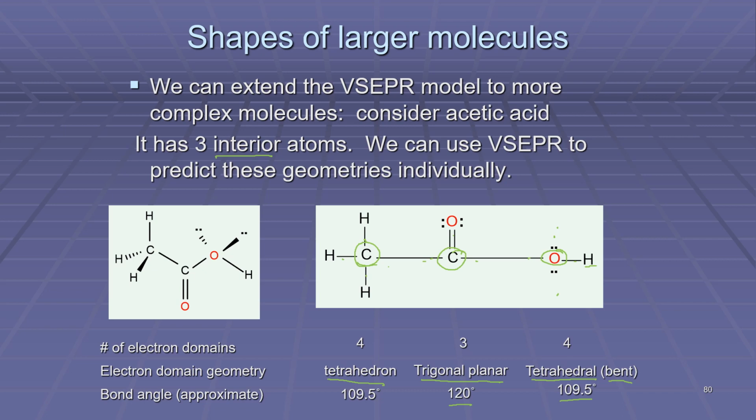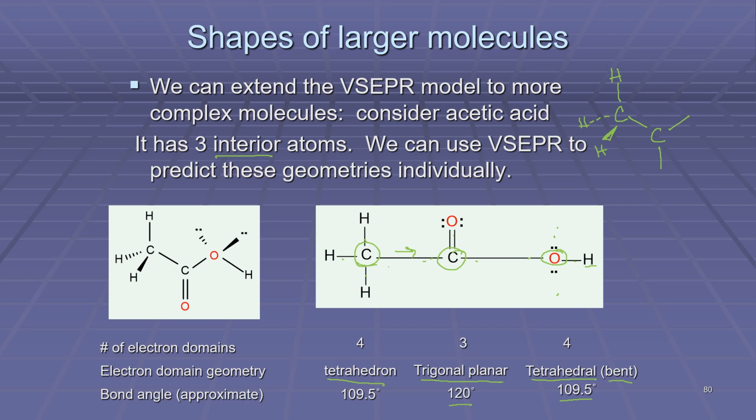So the carbon is tetrahedral, so I'm going to draw that. Carbon's tetrahedral, and it's bonded to 3 hydrogens, and then it's bonded here to another carbon. Now this carbon is trigonal planar, so I'm going to make that shape.